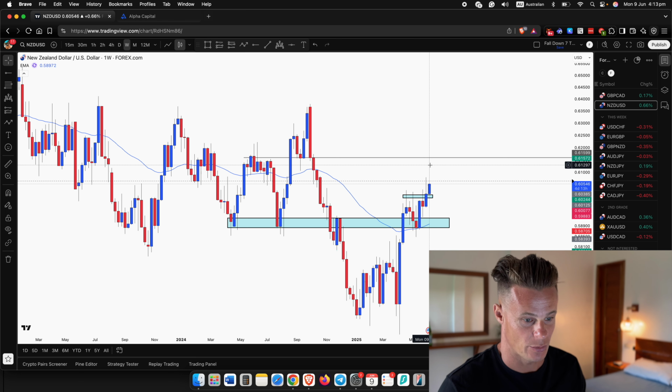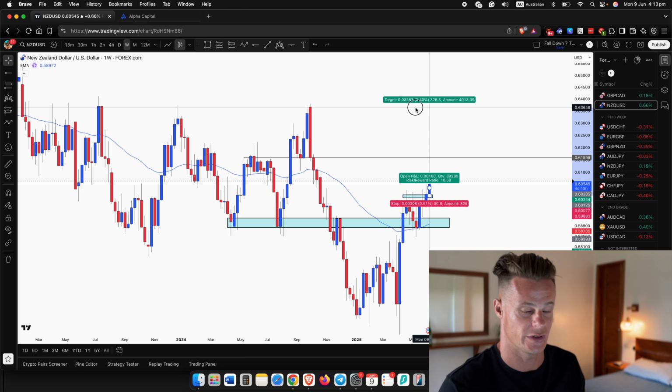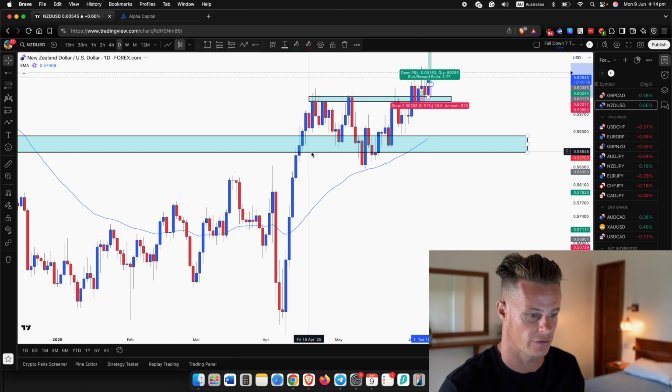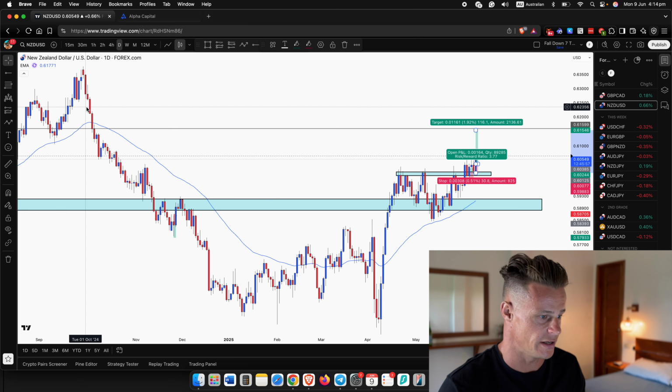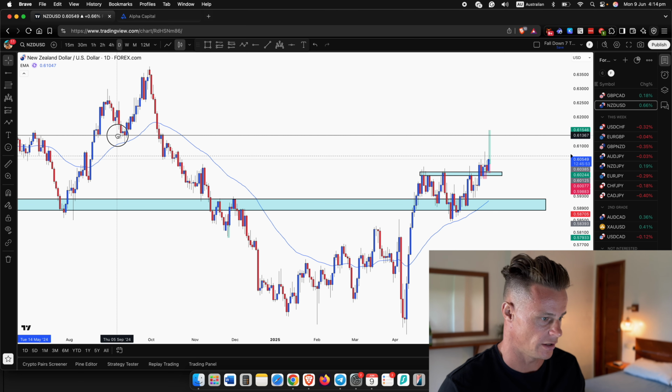So I think potentially we can get all the way up here, keeping in mind we probably will go even to the previous highs. But all I want is just 1 to 3, 1 to 3.5. That's all I need. It's probably even lower if I just look at a daily, something like this.